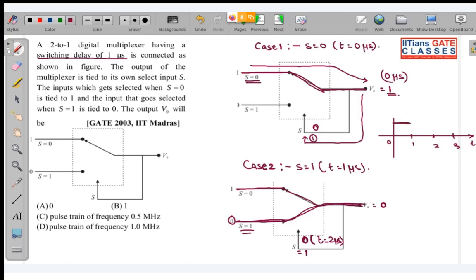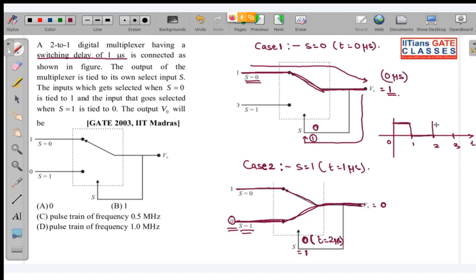Why? Due to this switching, because switching takes place after 1 microsecond. So till that point, the previous value is held. After 1 microsecond, S will become 1, and S1 will be connected to V naught, and the input to S1 is 0. So after 1 microsecond, this will become 0, and it will stay at 0 till 2 microsecond.